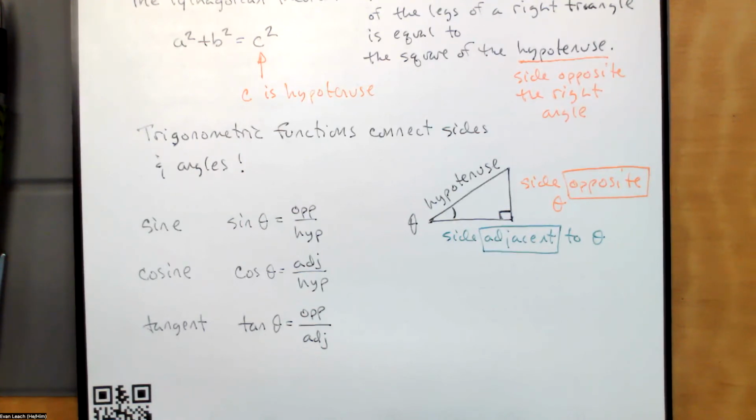Notice that these relationships are between an angle in the right triangle and sides in the right triangle. So now if we have sides and angle information, we can figure out some more stuff about the triangle.